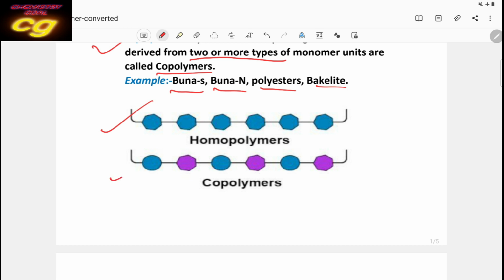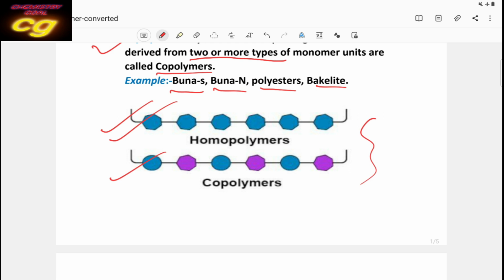But if you see the copolymer, hexagon and circle both are combined, that's why it is a copolymer. Different types of structural units make a copolymer, and similar types of structural units make a homopolymer. So these are the two types of polymer on the basis of the nature of monomers.